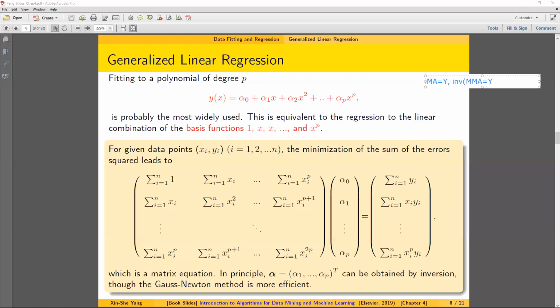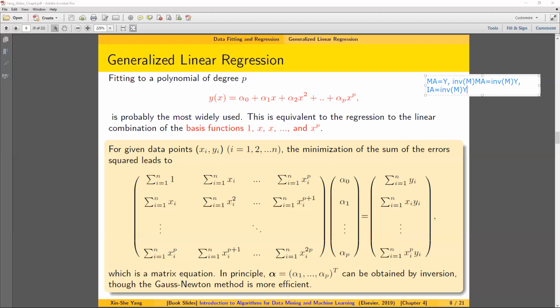Inverse of M times M, on both sides, right? From here, we know that inverse M times M is the identity matrix, equal to inverse of M times y.